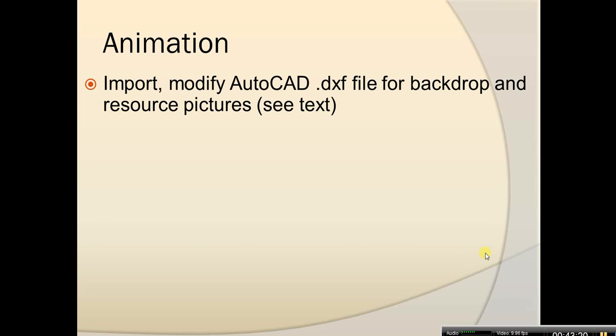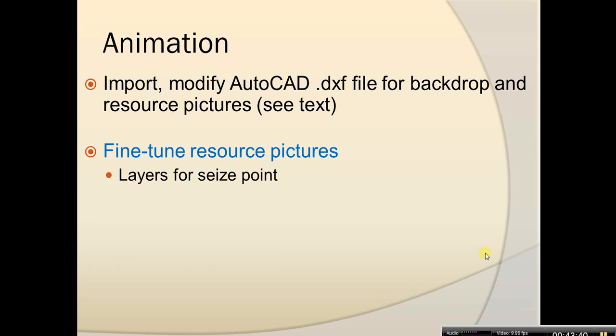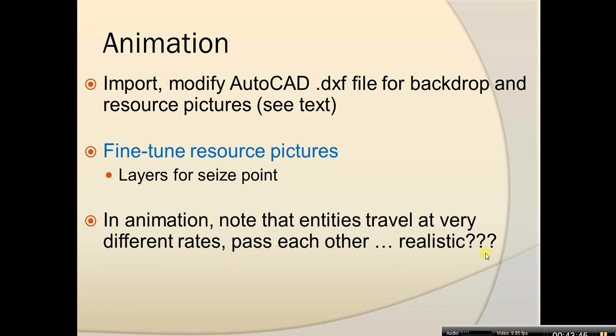Also in animation, we could import a drawing, for example, some AutoCAD drawing file as a backdrop, or resource pictures, and you can see more details about animation and how to do that in the Arena textbook. And we can also fine-tune resource pictures if you wanted to. We can add layers for seize point to, for example, when we have two machines in the cell 3, we could have two separate seize areas there.